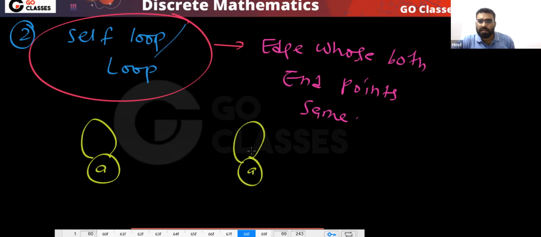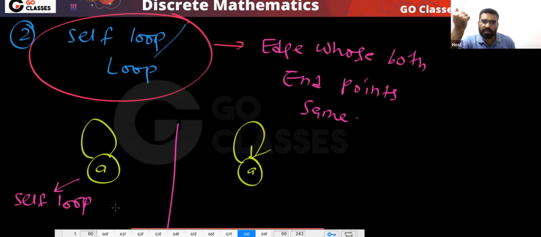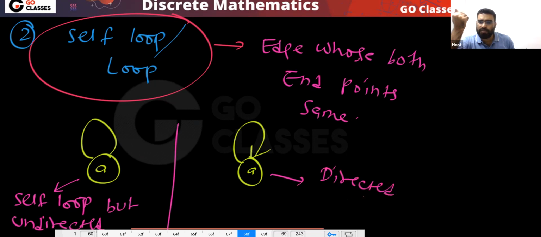So you can notice the difference between these two. This is an undirected edge which is a self loop. There is no direction here. And this is a self loop but directed, a directed self loop.